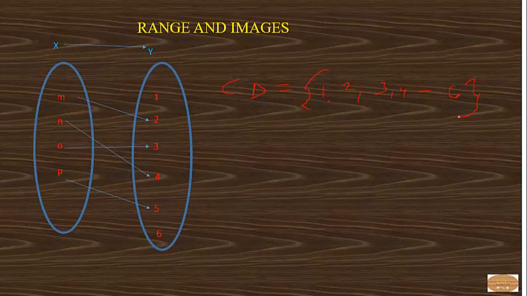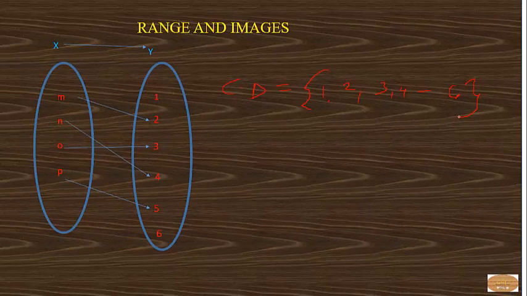The codomain here has 1, 2, 3, 4 up to 6. So they are the codomain.